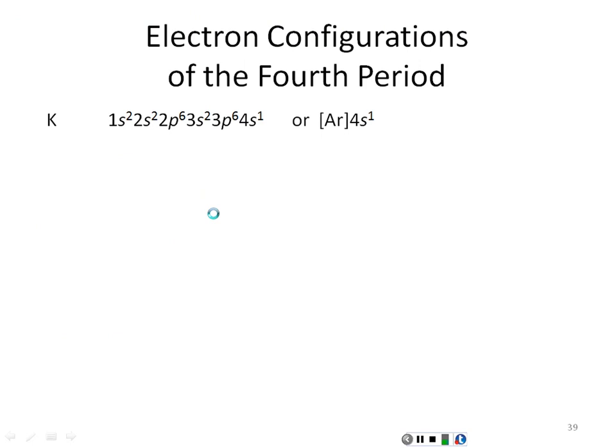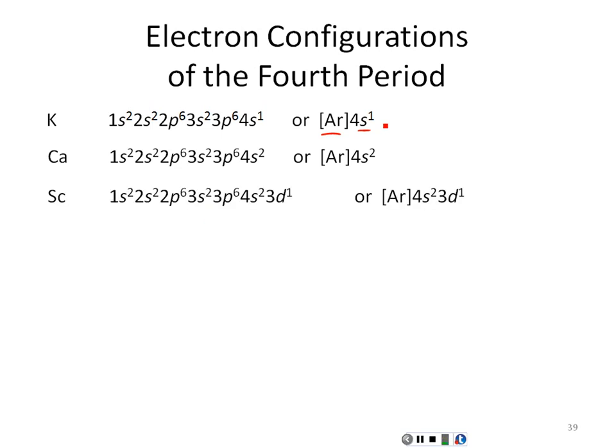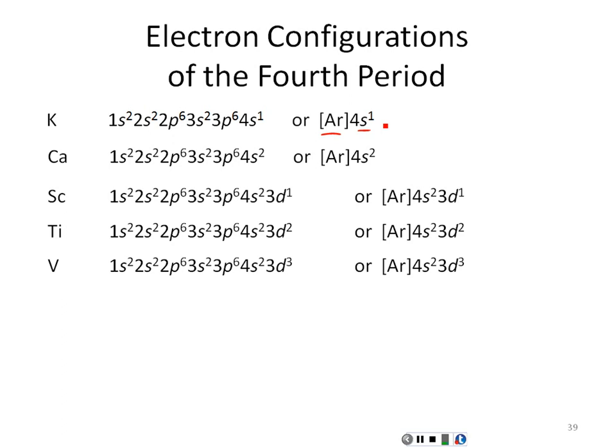Let's look further now through the fourth row, the fourth period. We see potassium. Its condensed configuration is argon 4s1, calcium 4s2. Now with scandium we start adding d electrons. So we get 4s2 3d1, titanium 3d2, vanadium 3d3, and then we get to chromium, and this is where we see a deviation in the trend.